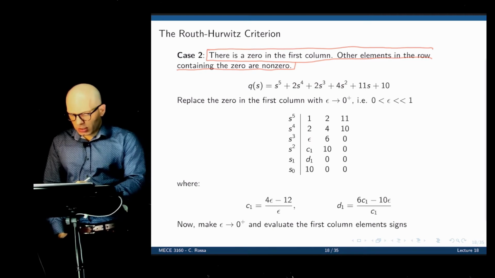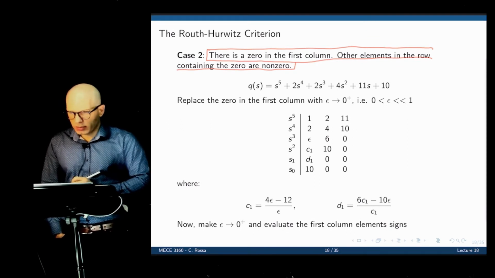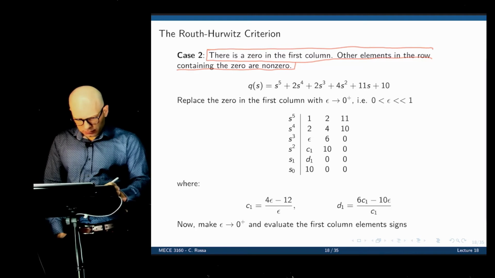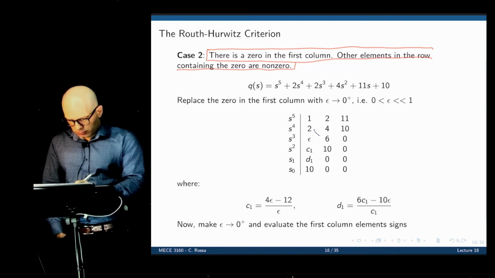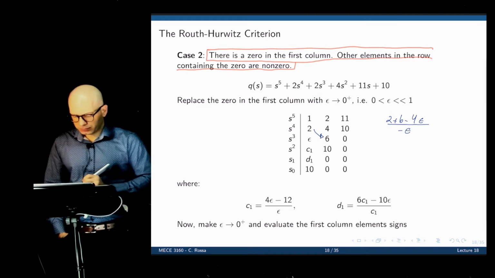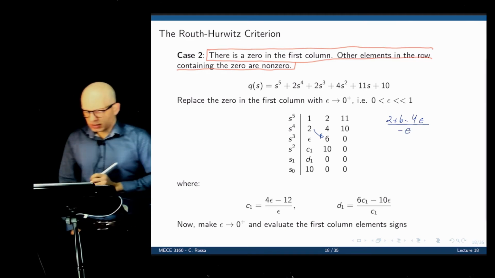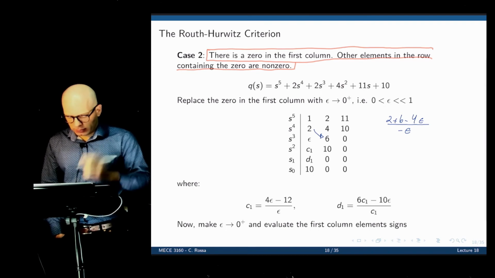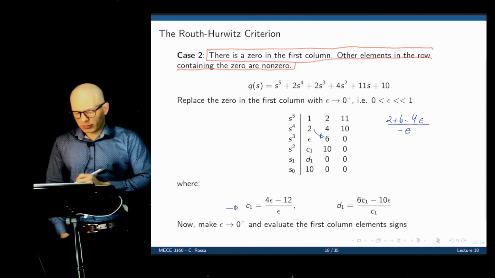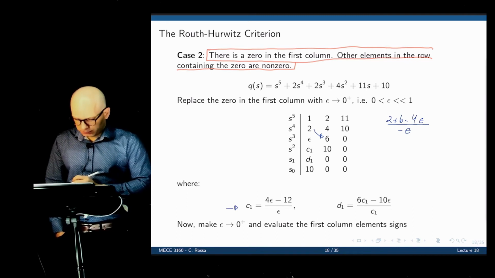For example, the one just under epsilon, which I call C1, is 2 times 6 minus 4 times epsilon divided by -epsilon. It's now a function of epsilon, and I've just flipped the sign, multiplying both the top and the bottom by -1. That's what we see here in C1.